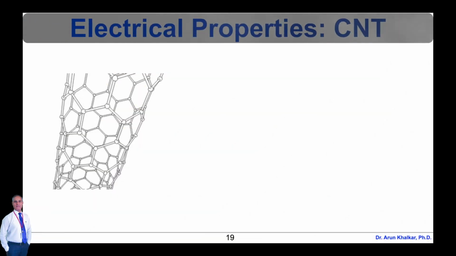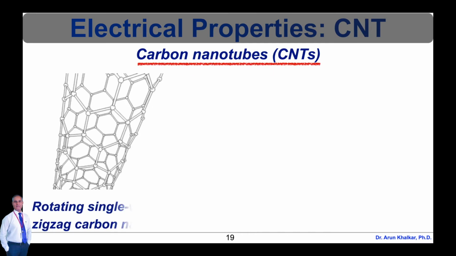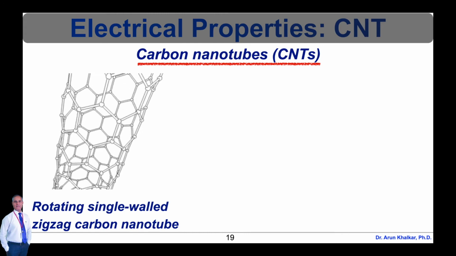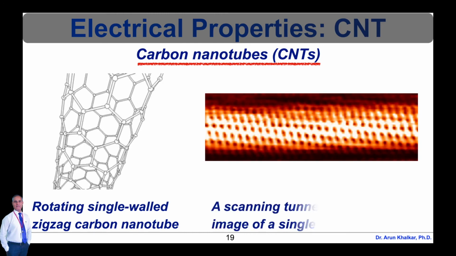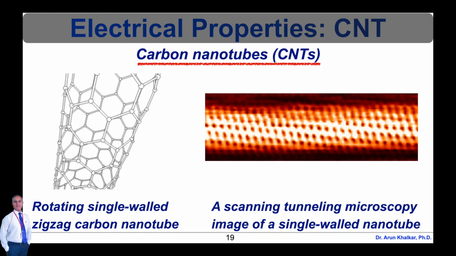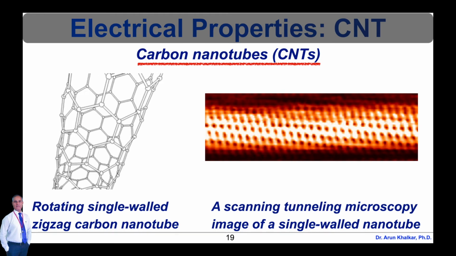Now let's see one more example of electrical properties, that is carbon nanotubes. Carbon nanotubes, that is CNTs, are tubes made up of carbon with diameters typically measured in nanometers. Unlike graphene, which is a two-dimensional semi-metal, carbon nanotubes are either metallic or semiconducting along the tubular axis.